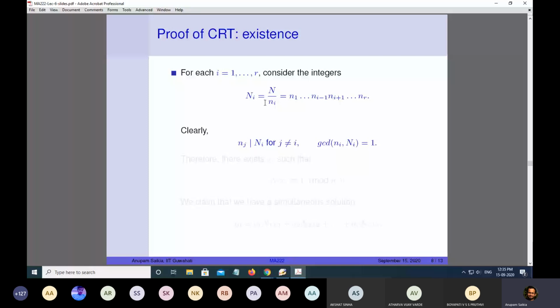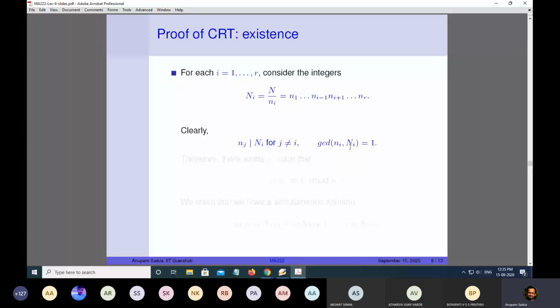Because ni is missing here, and no other modulus can compensate, since they are mutually co-prime. So Ni has no common factor with small ni, and that's why the GCD of capital Ni and small ni is 1. That is important.